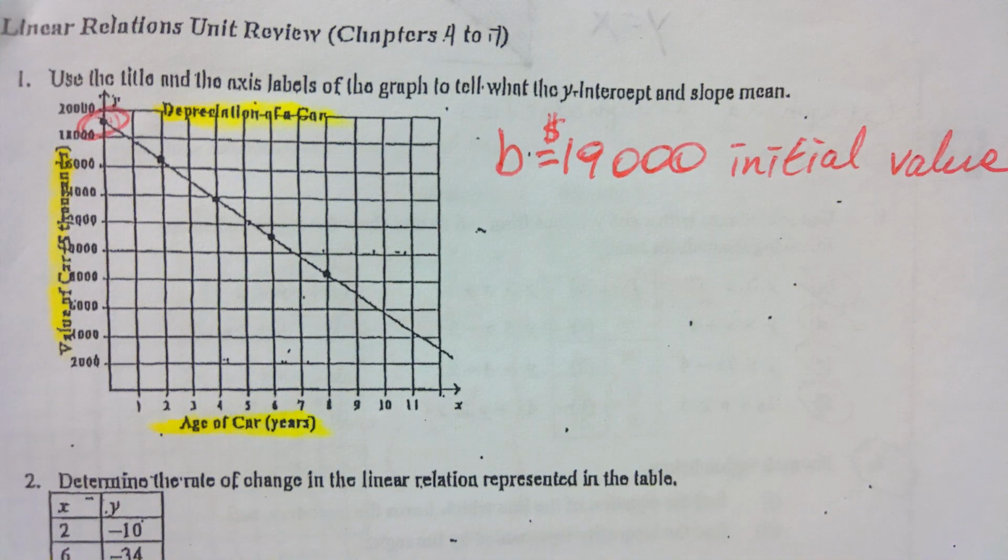And then what happened after you bought the car, Alvin? Yeah, the value went down. Just like any car, as soon as you buy it, there's depreciation. So how much is the value of the car going down by?